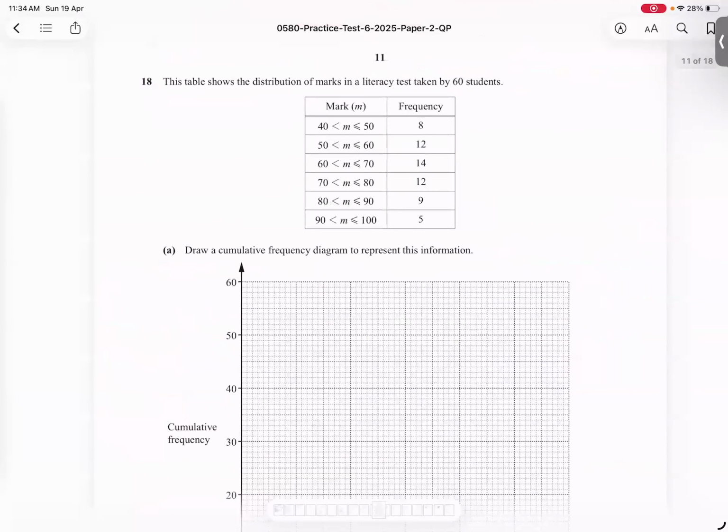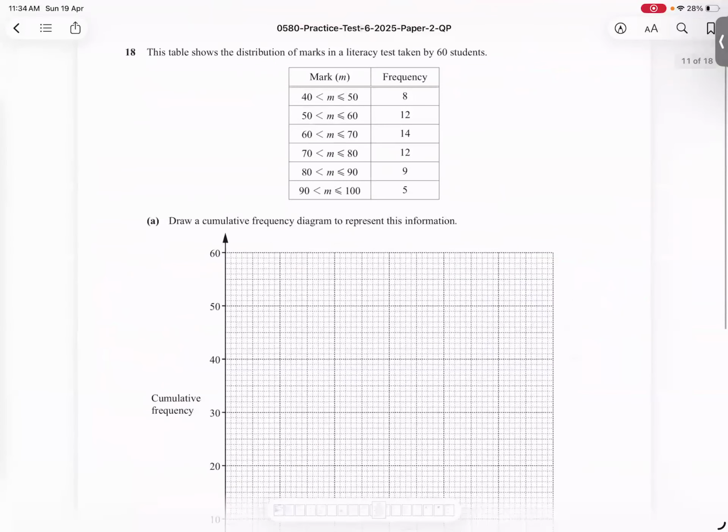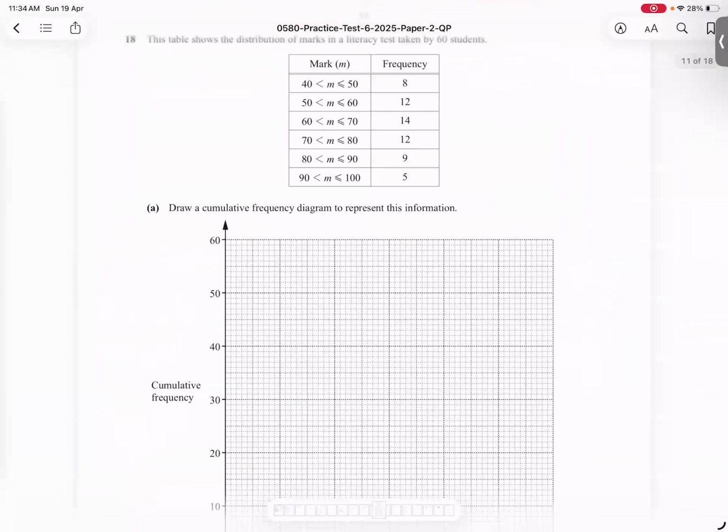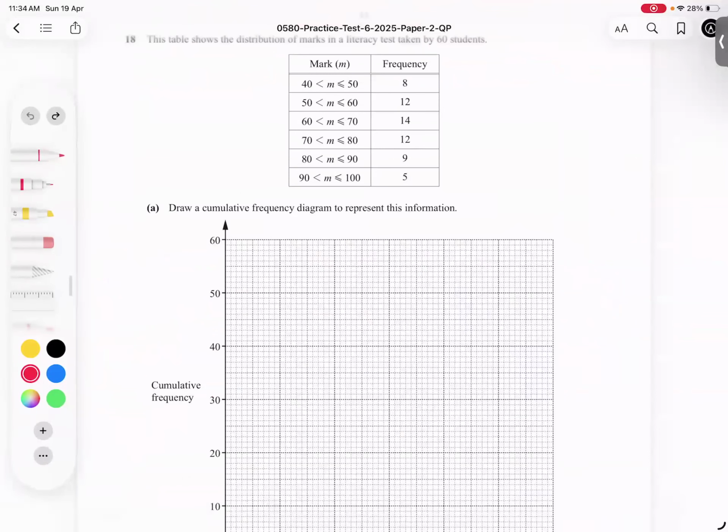Question number 18. What do we have, students? If you look carefully, we have to draw a cumulative frequency. So we have to make one extra column, and that name is cumulative frequency. And how do we make it? Let's take a look here. Nothing hard.